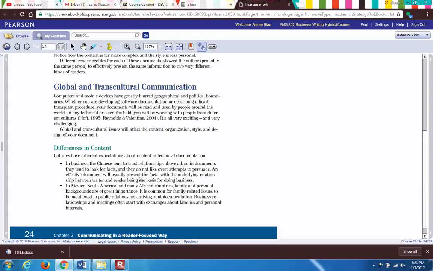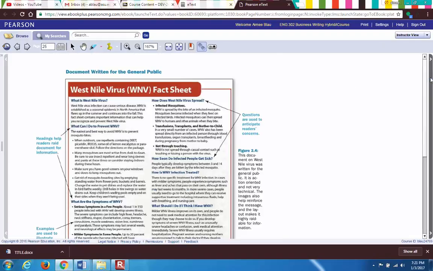But if you didn't inquire about the weather in a short correspondence, they might think that you're being rude and that you don't care. So there's certain things that you want to make sure that you're doing when you're communicating in different cultures.